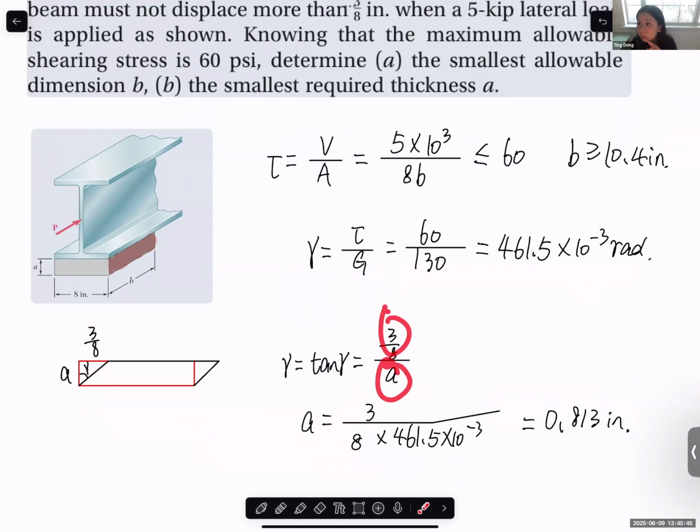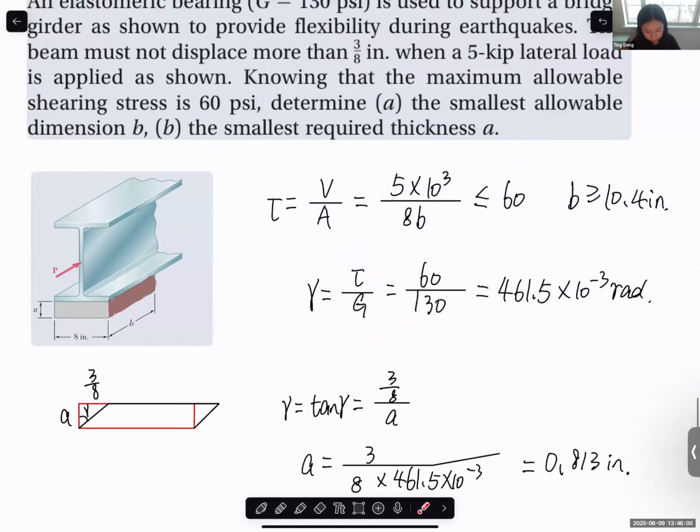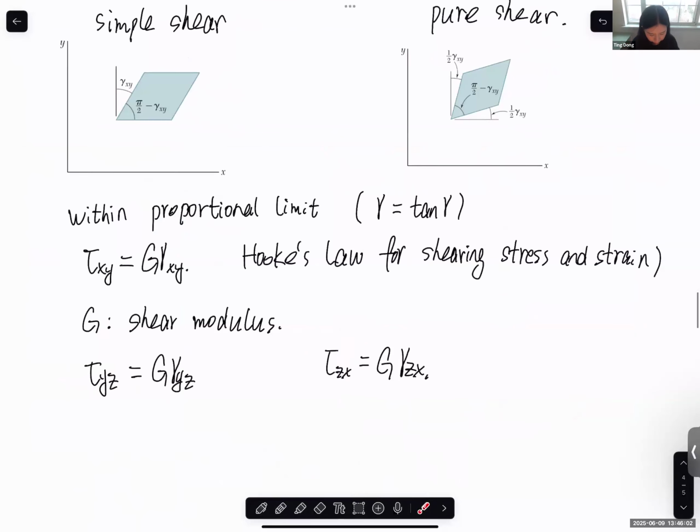Another question? Sorry, can you go back slightly up to see what G is equal to? 130 KSI or PSI? The shear modulus. PSI. Back to the concept of shear modulus. It's a similar term as Young's modulus. Young's modulus is for normal stress and normal strain. Shear modulus is a relation between shear stress and shear strain.